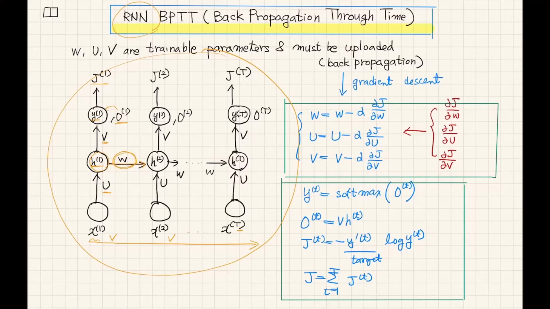Again, input X2 at stage 2 will be connected to hidden layer H2 by applying U matrix, and by having input from the previous hidden layer multiplied by W and input X multiplied by U, we can calculate hidden layer H2.